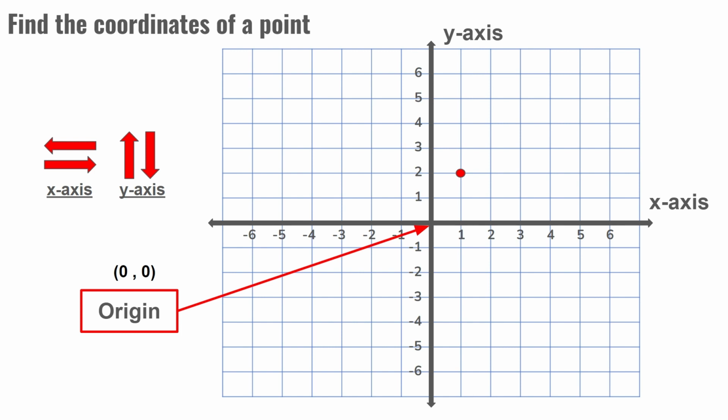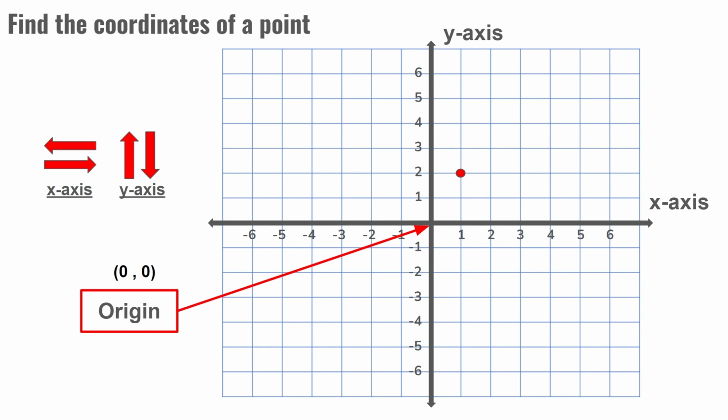And the number of spaces we move along the x-axis and y-axis towards the point will be the coordinates of the point. So again, we must first move along our x-axis in the direction of the point, which means we can only move left or right.